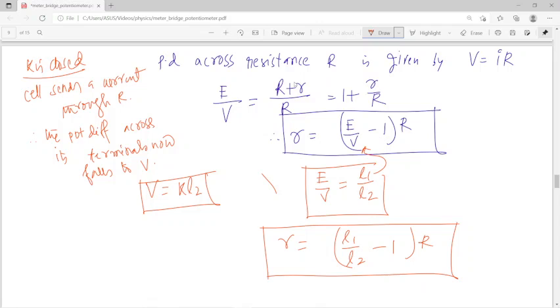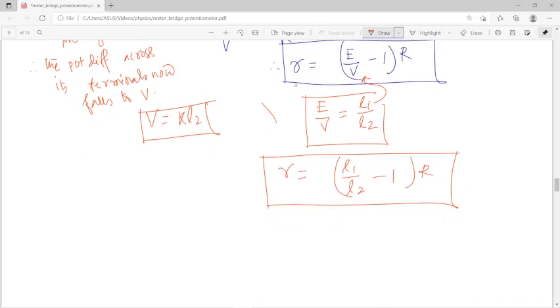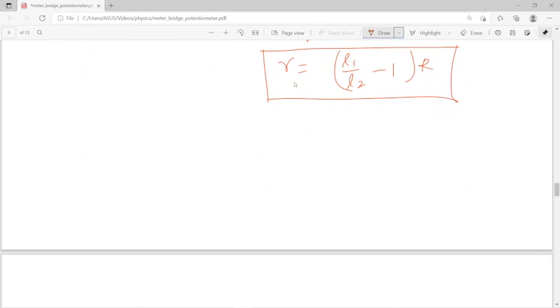Let's start with a simple problem. The problem is given like that.